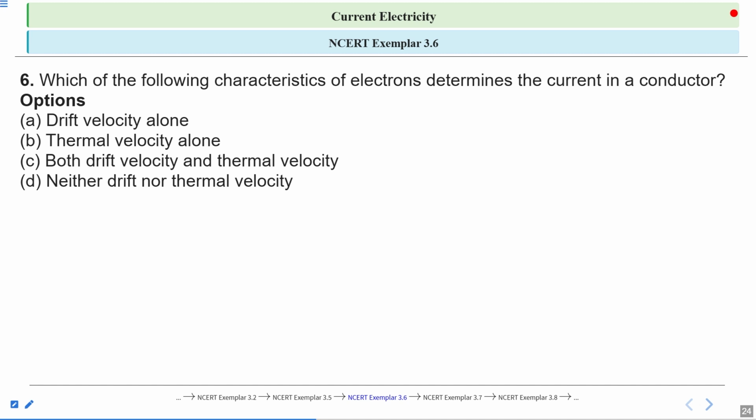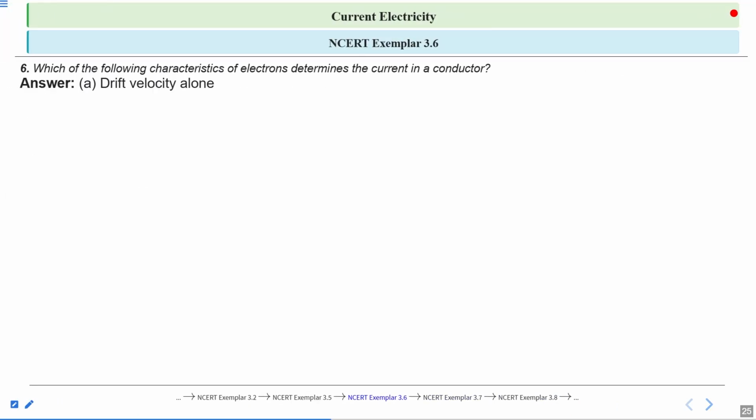I will give you some time to think about it. So the correct option is A, drift velocity alone.